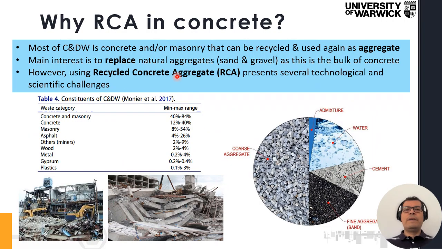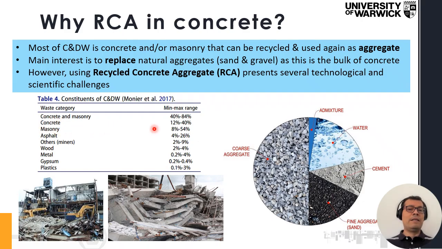Another fair question would be, why do we want to use what we call recycled concrete aggregates in new concrete? To answer that, we can look at this table showing the main constituents in construction and demolition waste. If you look at the table, most of the construction and demolition waste is made out of concrete and masonry.